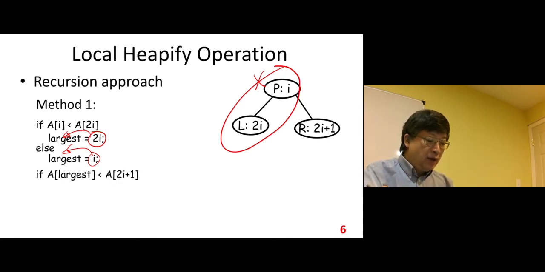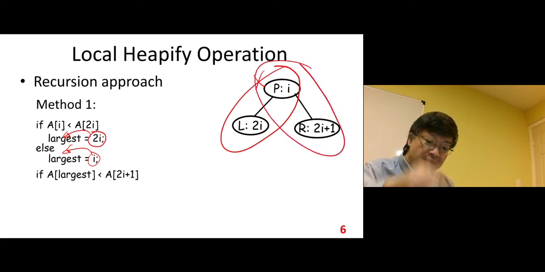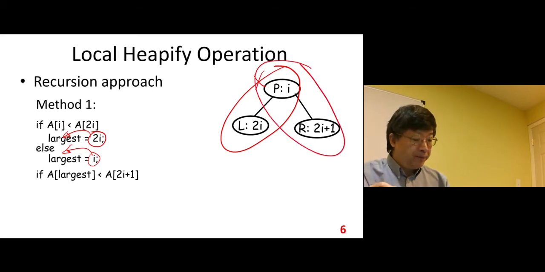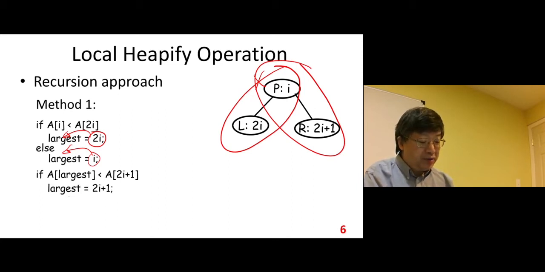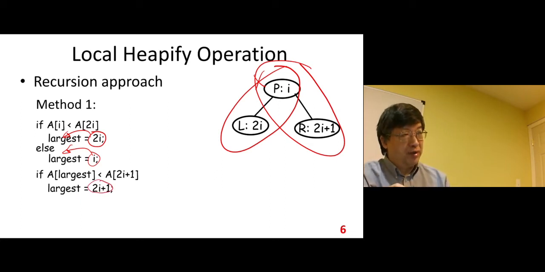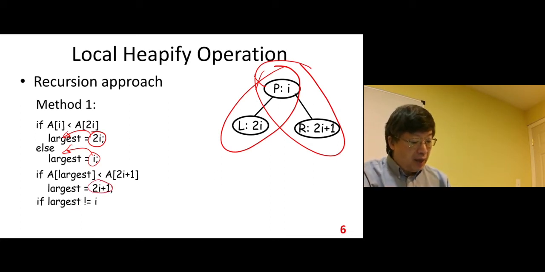But that's not enough. We need to consider another pair. If A of largest is less than the value of the right child, we update largest with this index 2i plus 1. Otherwise we do not update it.